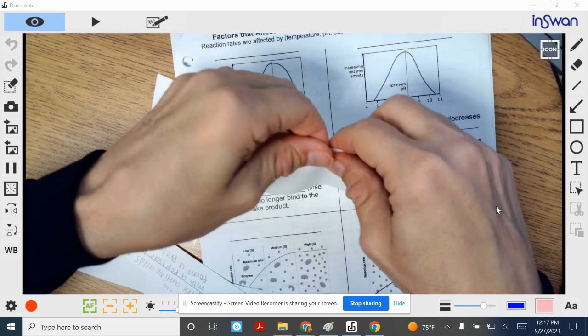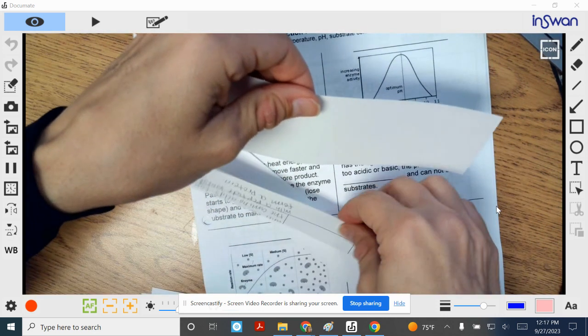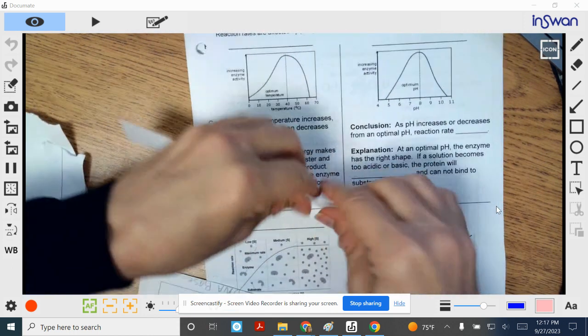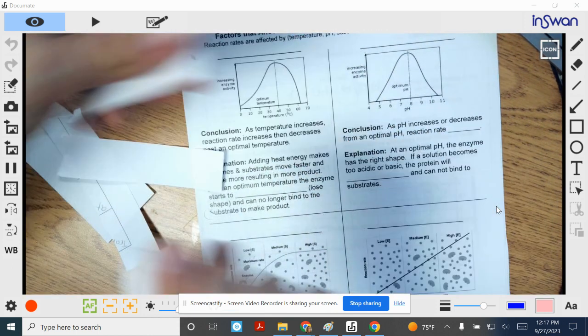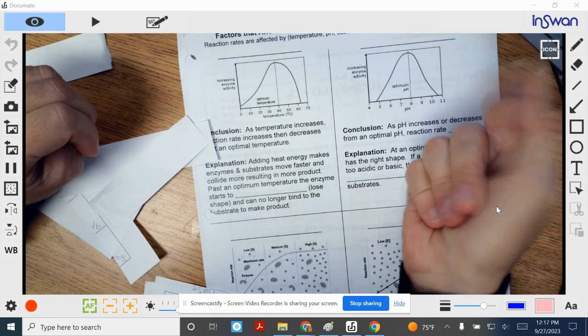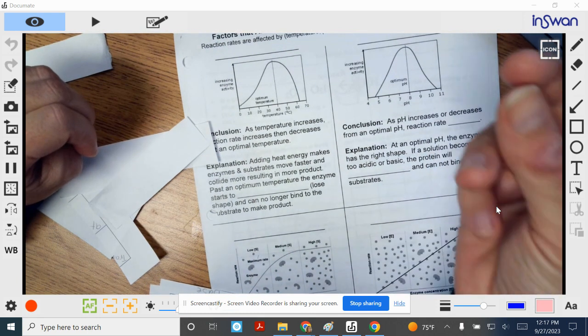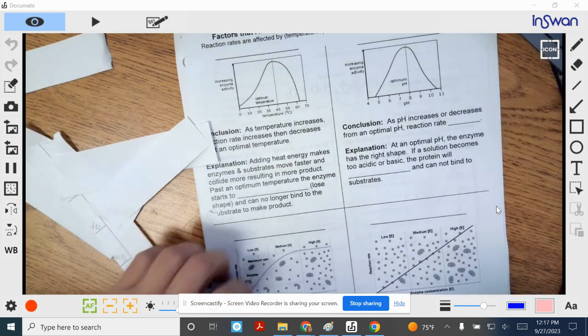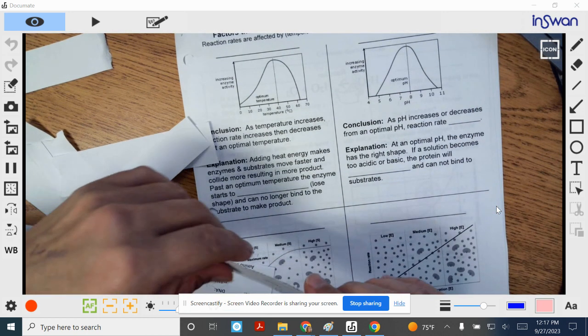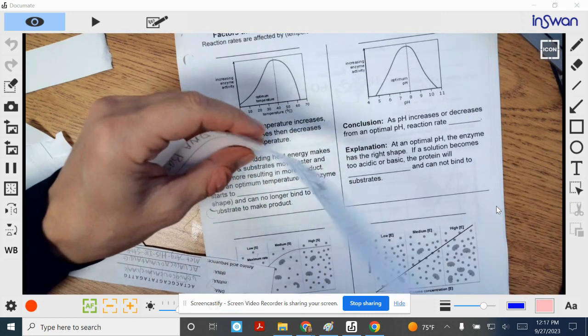So here I'm going much faster than what I've been going previously. My speed of my reaction was about this fast. This is about how quickly I was able to make a product. So that's what we talk about when we're talking about reaction rate, how fast our substrates are being turned into products.